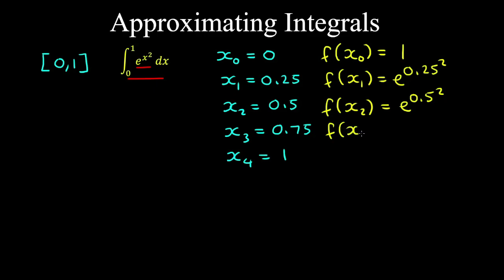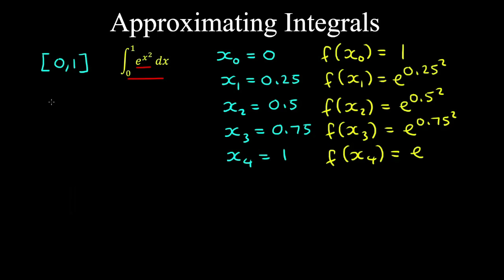So we have f of x3 is e to the 0.75 squared, and f of x4 is e to the 1 squared, which is e.